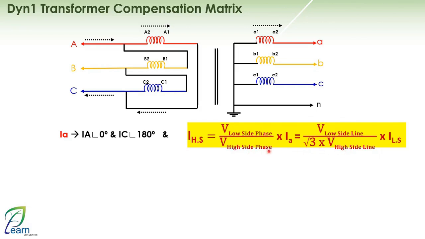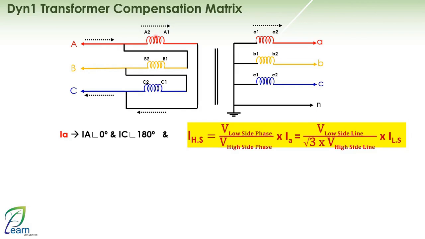On the delta side or the high side, the line is the same as the phase. Therefore, you will find that the relationship between the phase current in the delta and the phase current on the star side is that you divide the line voltage of the star by the line voltage of the delta, but it will be divided by the square root of 3. In this case, as we agreed, the line current is the same as the phase current.